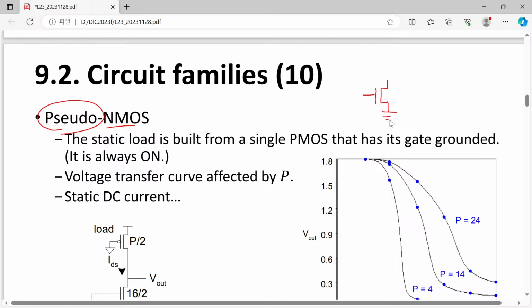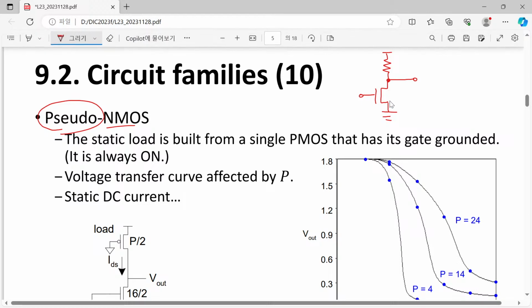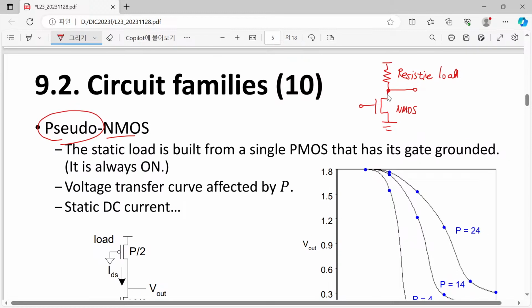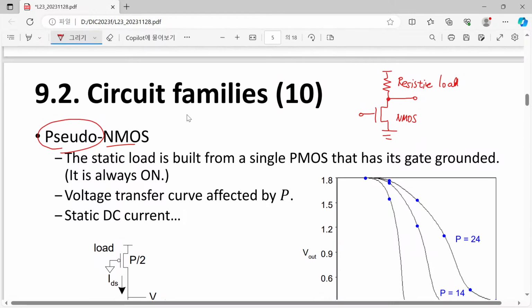In this inverter case, if you attended the microelectronics course, the first circuit you learned related to an amplifier or other kinds of MOS logic is just an N MOSFET with a resistive load. This is the simplest circuit we learn in the microelectronics course.